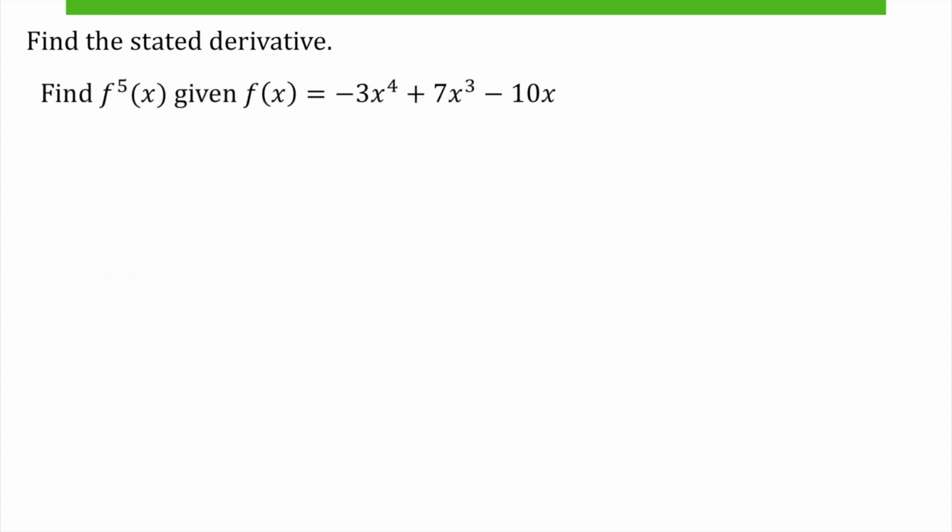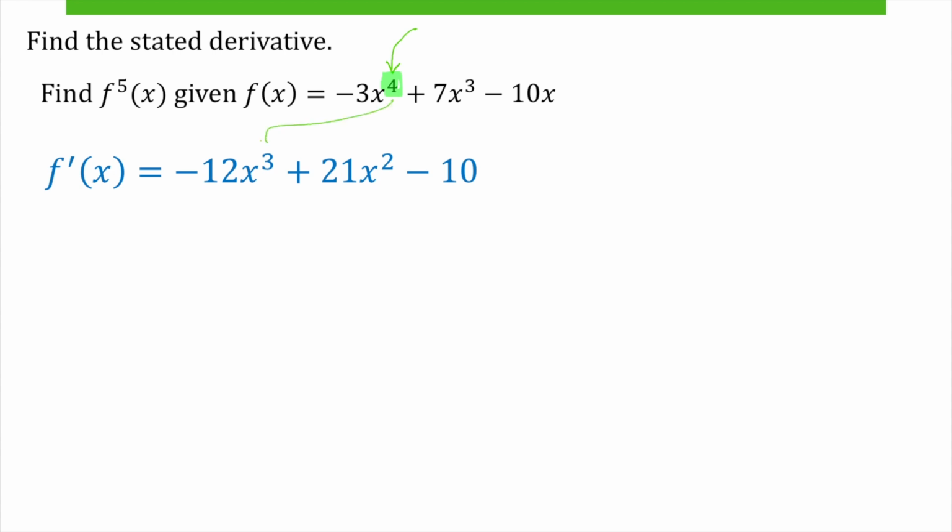Hey, we can find a fifth derivative. That'll be fun. So notice what power we're working with. Our leading power is 4, an exponent of 4. So let's see what happens when we take the fifth derivative of this polynomial. Pay special attention, if you would please, to the leading term's power. First derivative, -12x cubed plus 21x squared minus 10.